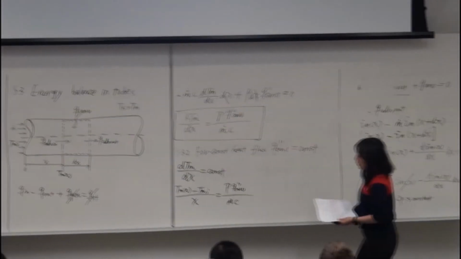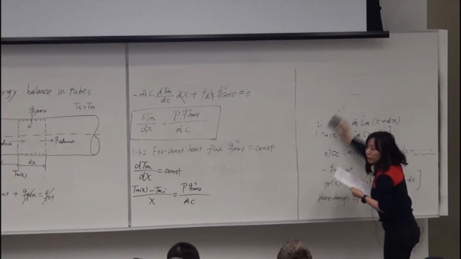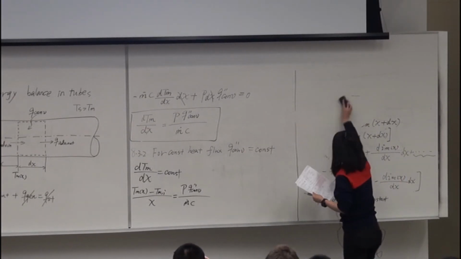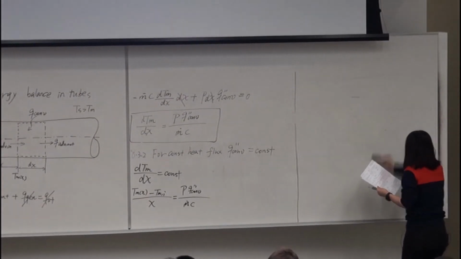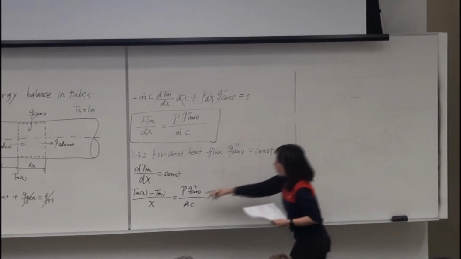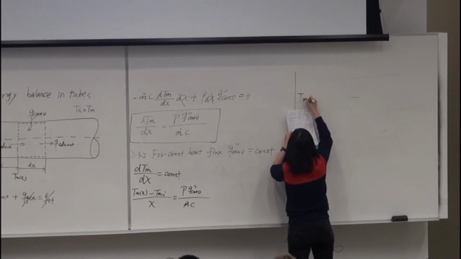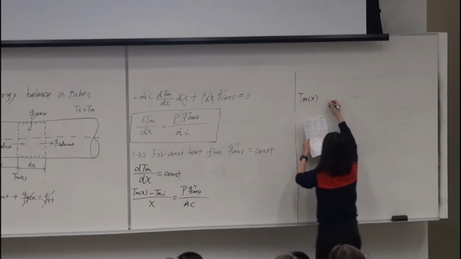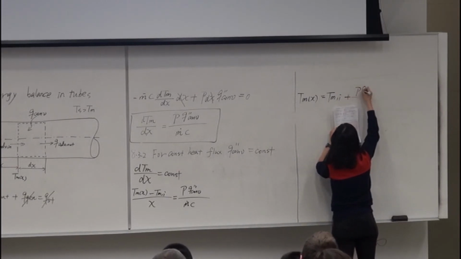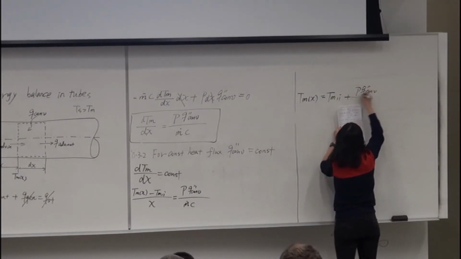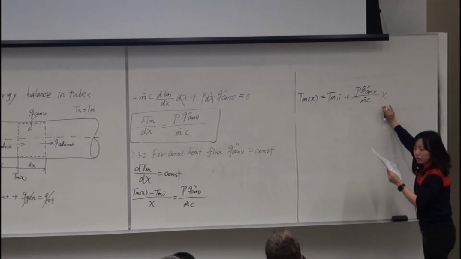Then we can do a little bit of rearrangement to get the mean temperature distribution under the constant heat flux condition. If I multiply by x on both sides and then add the mean temperature at the inlet, I have my mean temperature equals what we have at the inlet plus the constant gradient times how far along the length we are.